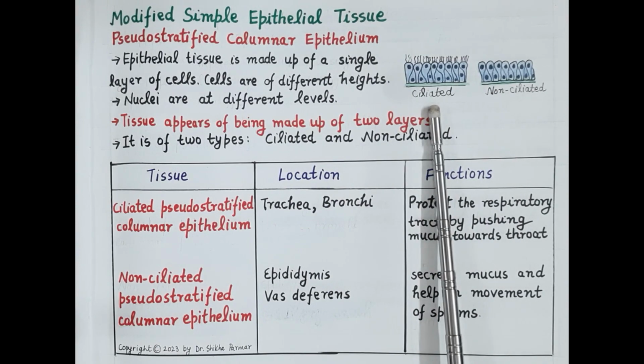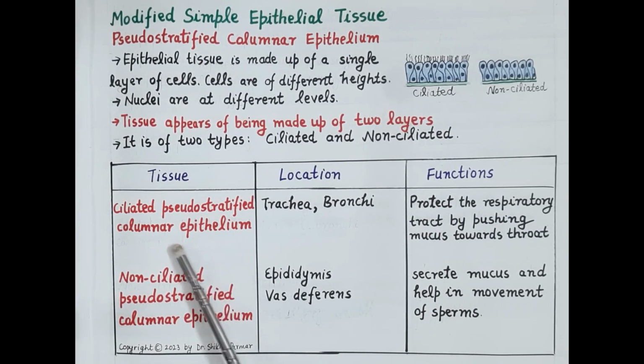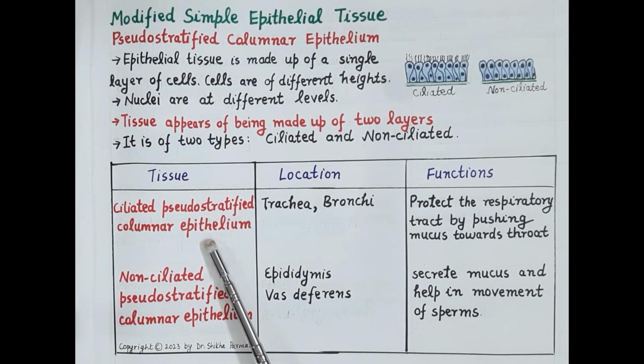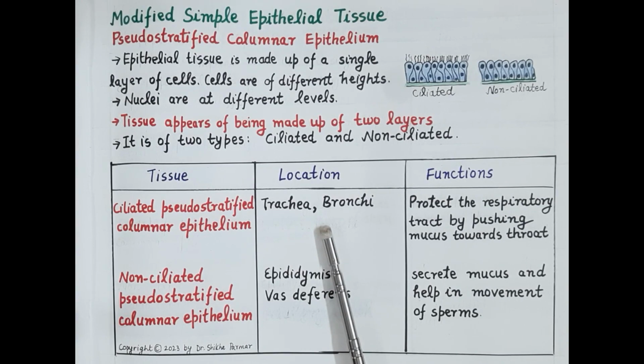Now we know the function of cilia is to move substances. Ciliated pseudo-stratified columnar epithelium forms the inner lining of the trachea and bronchi, that is the respiratory tract. Now we know that mucus in the respiratory tract traps dust particles, pollutants, microbes and other foreign substances.